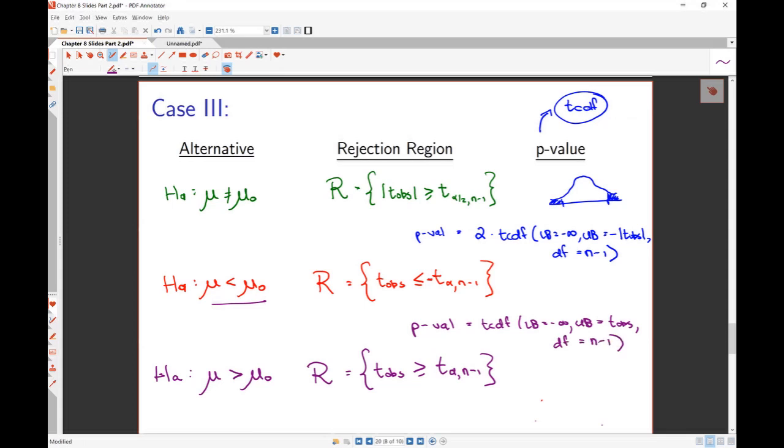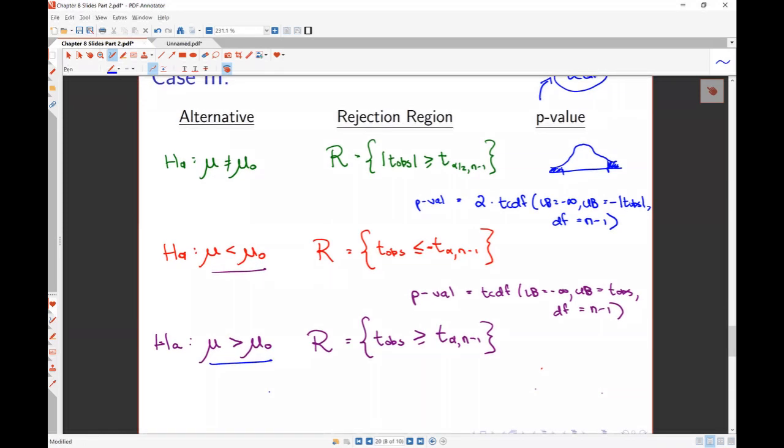And finally, if you're looking at the greater than alternative, the other one-sided test, here your p-value is given by tcdf, but now t observed is your lower bound, and your upper bound is infinity, and degrees of freedom still n minus 1.